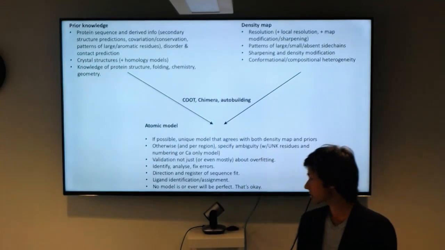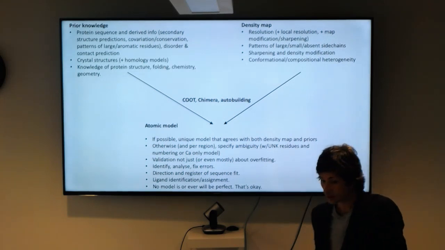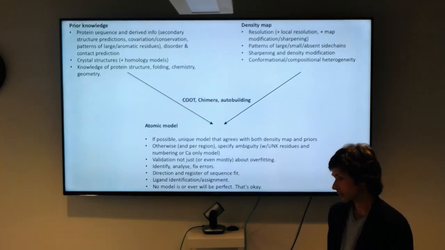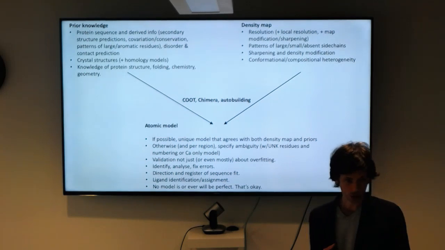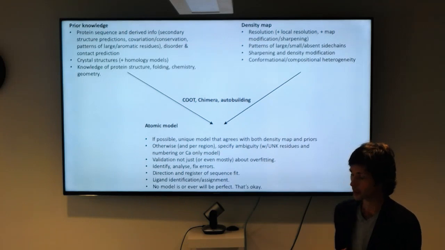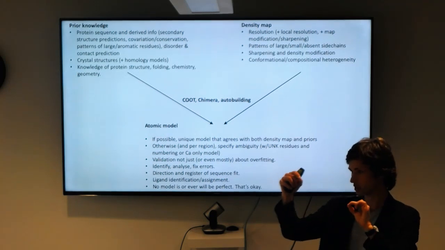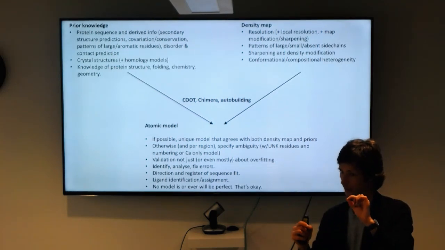Okay, so as I mentioned, some examples of prior knowledge, things that you get from your sequence. So secondary structure predictions, disorder prediction, information that you can obtain from sequence alignment. So I'm thinking particularly about evolutionary couplings, which you can get from analysis of many hundreds of sequences, looking at how substitutions at widely separated pairs of residues are correlated.